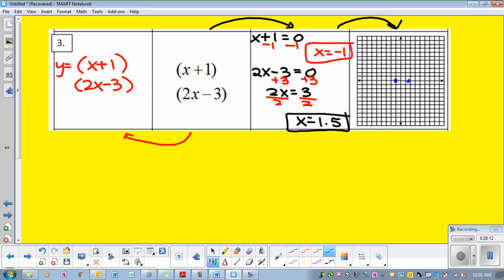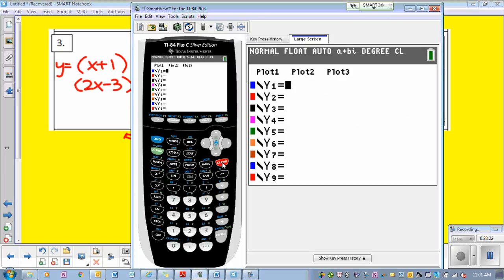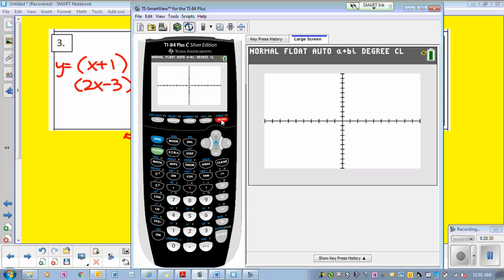Guys, when you go to graph this, do you see the whole entire graph in your window here? Hmm. 0, -3. I think that's a nice pretty point, right?